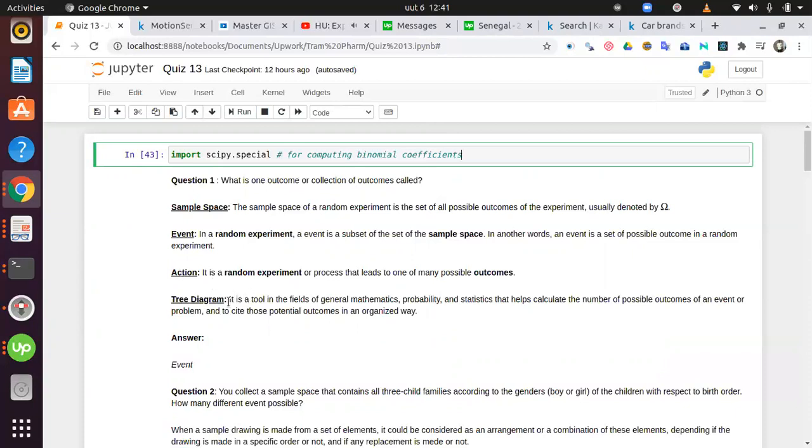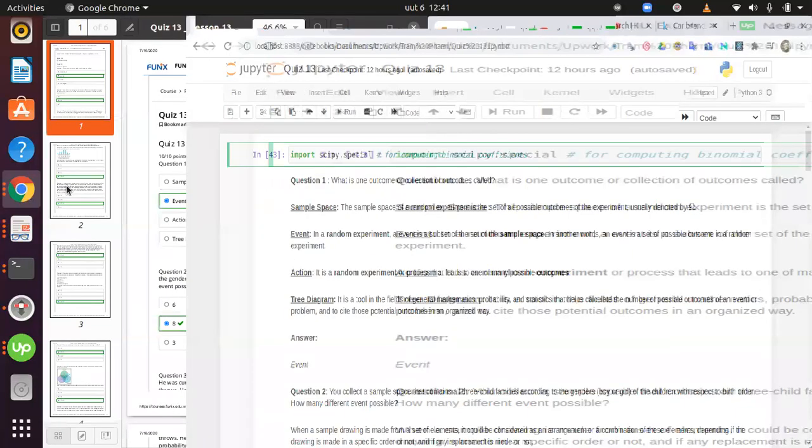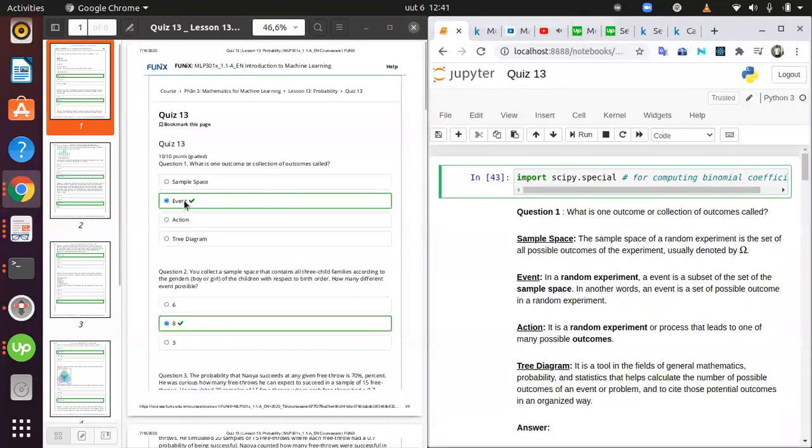And the tree diagram is a tool that we can use to easily understand a problem and find a probability. So the answer here is event. Yes, I understand this. Okay, we can move to question number 2.